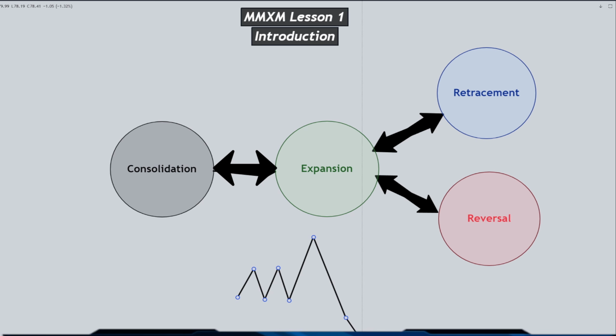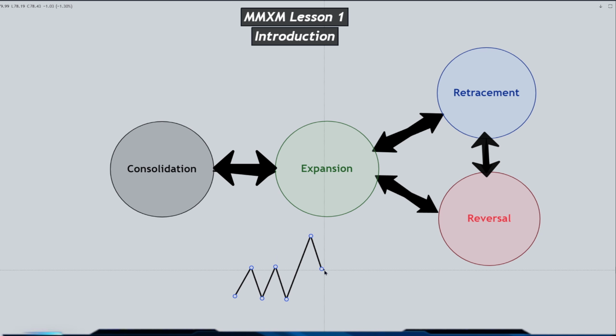From a reversal, the market can again go for a retracement as well, or from a retracement, let's say this one, the market can go for a reversal as well, like this. I hope the reversal and expansion part is clear to you. What I mean is, from the expansion, the market can go for a reversal.